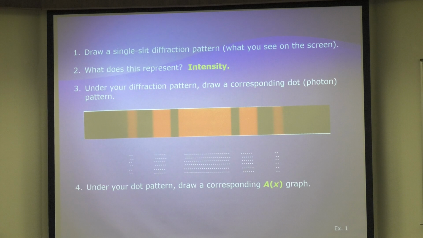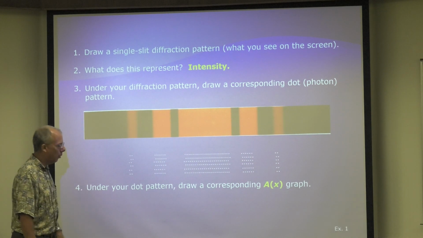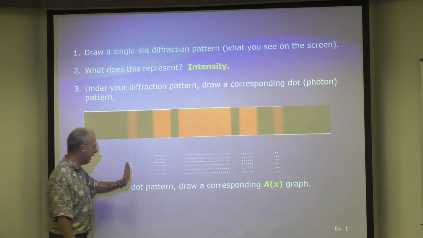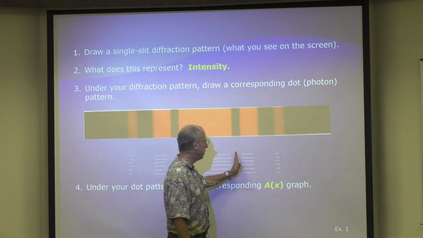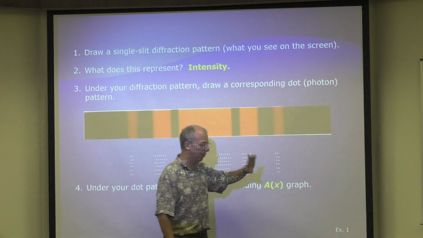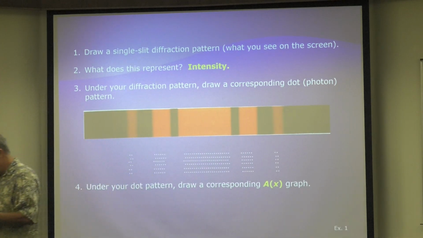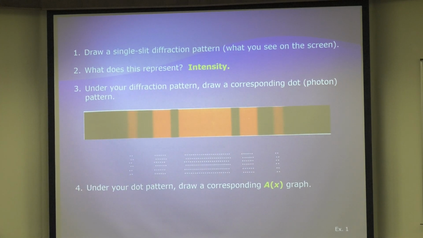And remember, when you square the AX, you get the intensity. So you can be a little creative. So pause your video and come up with some kind of AX graph. Where you square it, you can have big intensity, no intensity, big intensity, no intensity, gigantic intensity, no intensity, big intensity, no intensity, medium intensity, something like that. Okay, so come up with an answer.